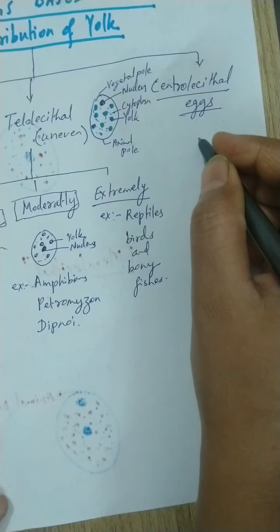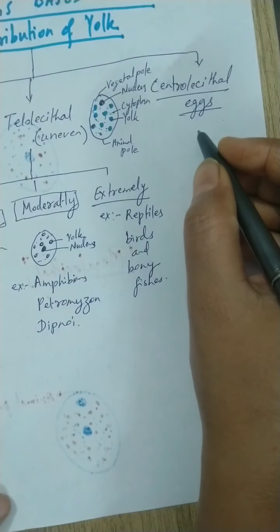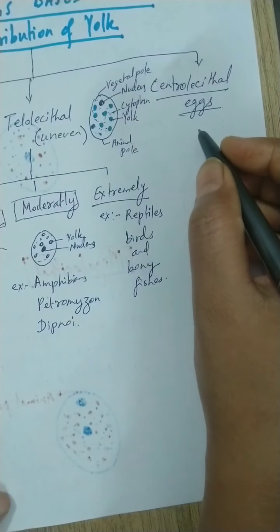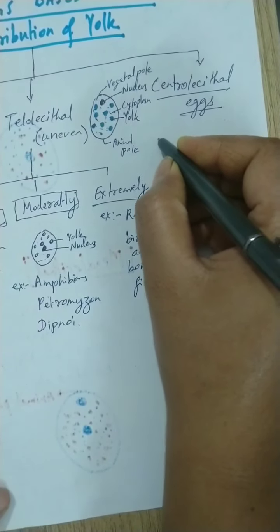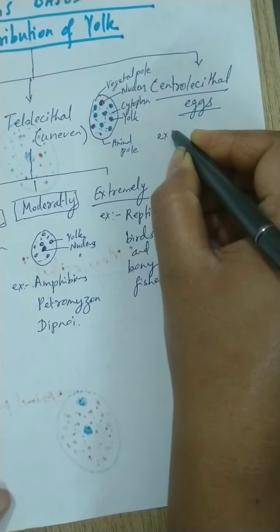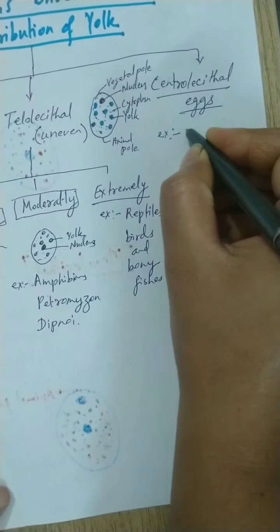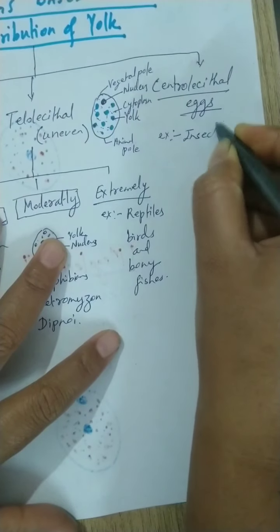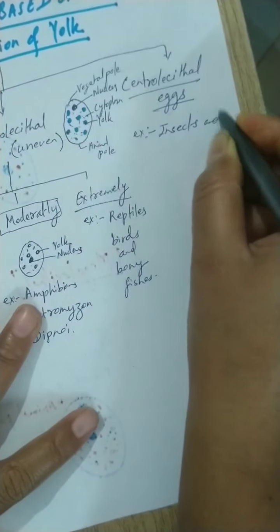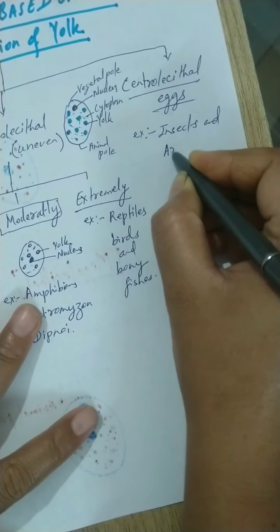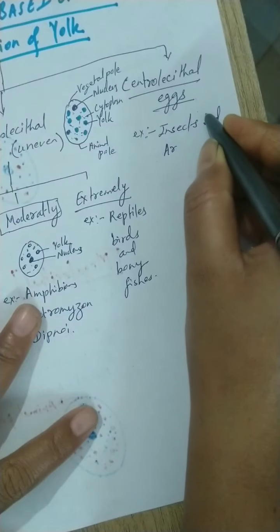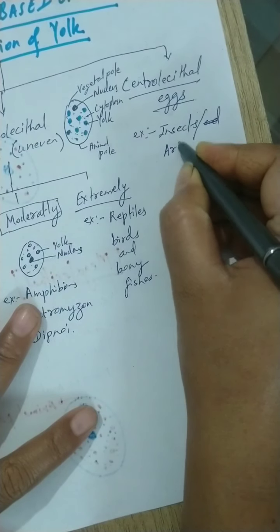In this type of egg, the active cytoplasm forms a thin peripheral layer around the yolk. Examples of this type of egg are found in insects and arthropods.